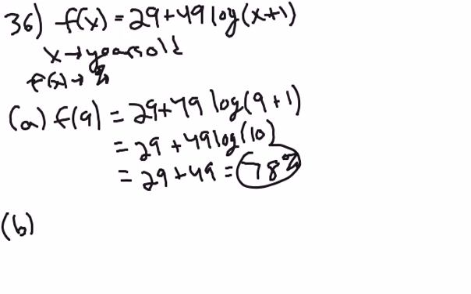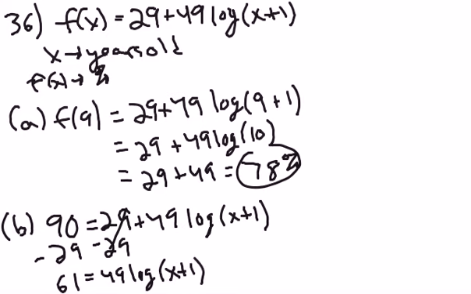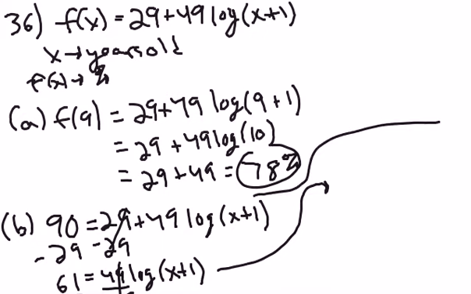Part B, at what age, corrected to 3 decimal places, will a boy reach 90% of his adult height? So this time we're setting 90 equal to the function and solving for x. A simple logarithmic equation, divided by 49. 61 divided by 49 is 1.245, equal to log base 10 of x plus 1.